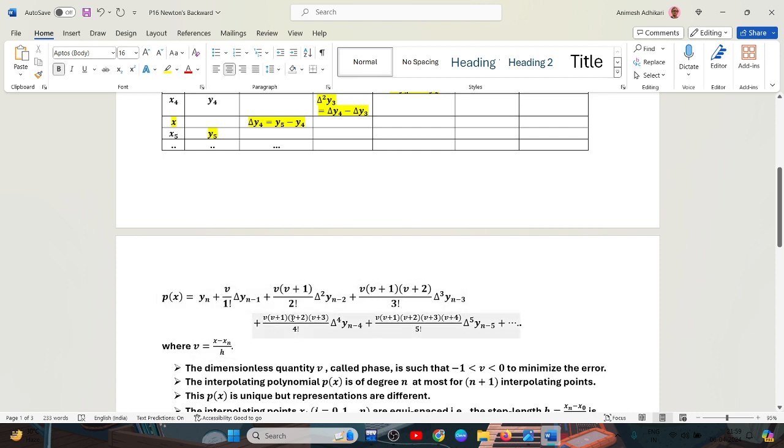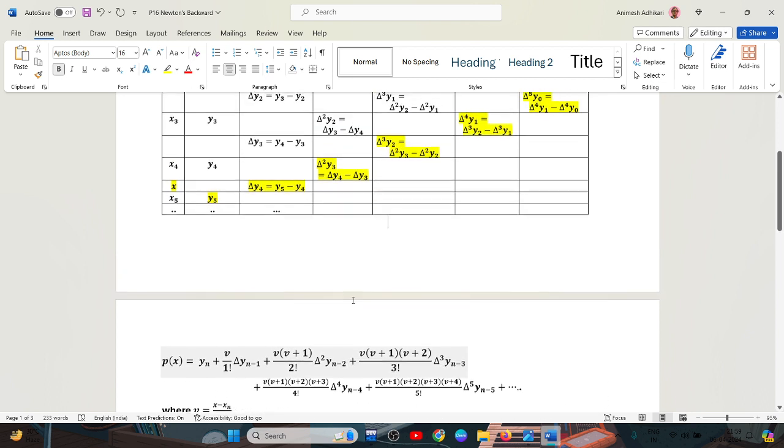v is a dimensionless quantity, and the value of v lies between minus 1 and 0 to minimize the error. Then plus v(v plus 1) by factorial 2 delta 2 y(n minus 2), and so on.